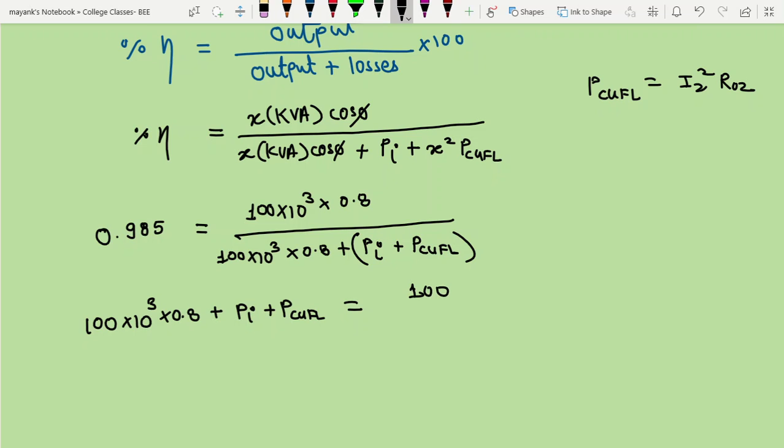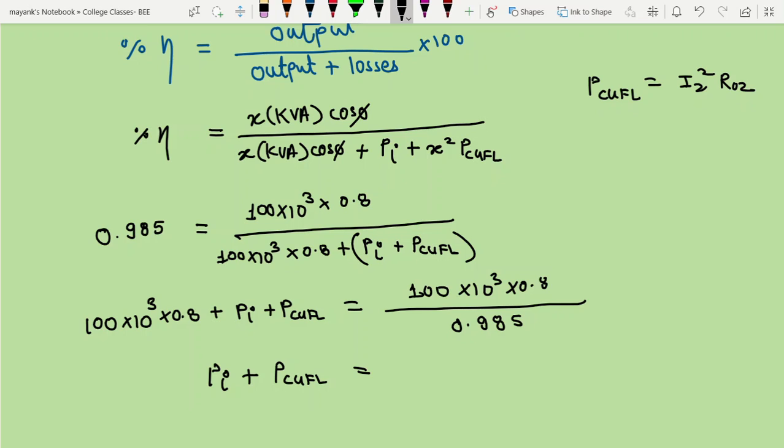So 100 into 10 raised to the power 3 into 0.8 divided by 0.985. And then from this, the unknown data, which is Pi and P copper loss at full load, will be equal to this divided by... let's calculate how much this comes to.